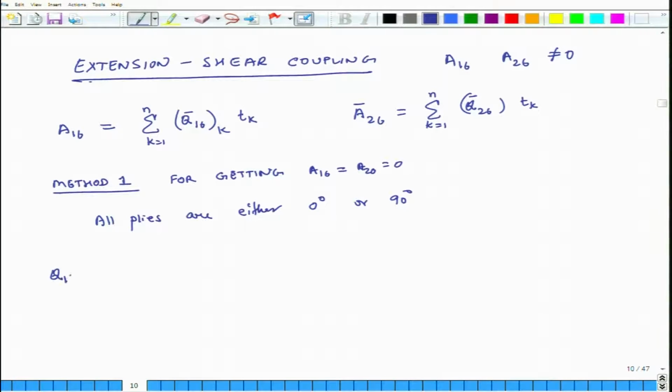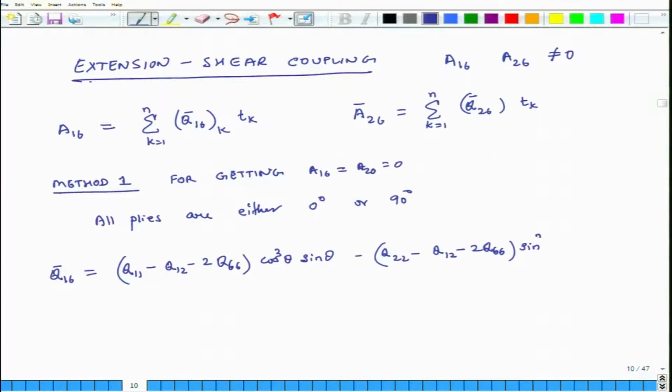Because Q16 bar is equal to (Q11 minus Q12 minus 2Q66) times cosine theta sin theta, minus (Q22 minus Q12 minus 2Q66) sin cube theta cosine theta. So, if theta is either 0 degrees or 90 degrees, Q16 bar is 0. Same thing is true for Q26 also.